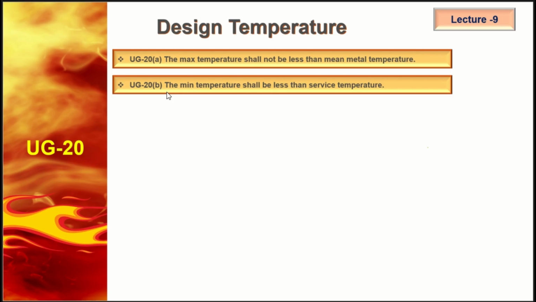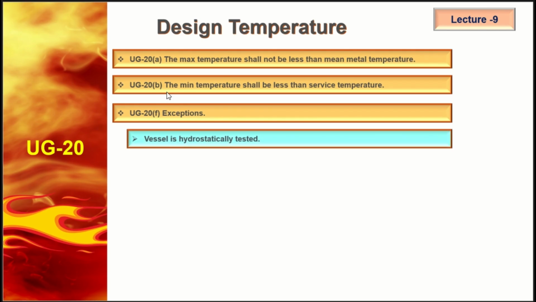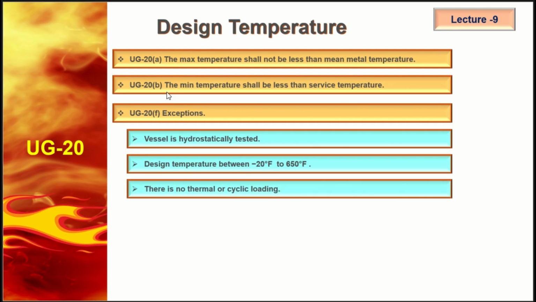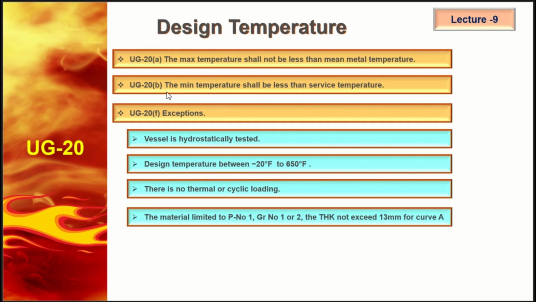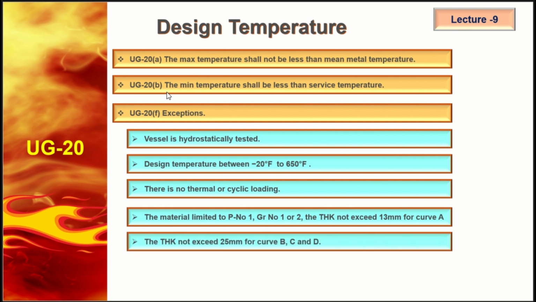But every time it is not possible to do impact testing. So that's why the code gives some exceptions in UG20F. If our vessel satisfies the exceptions given in UG20F, there is no need to do impact testing. So let's see what the exceptions are. If our vessel is hydrostatically tested, the design temperature is between minus 20 degrees Fahrenheit and 650 degrees Fahrenheit, there are no thermal and cyclic loadings, and the material is limited to P number 1, group number 1 or 2, with thickness not exceeding 13 mm for curve A and 25 mm for curves B, C, D. We will discuss all the curves in UCS 66, I think.